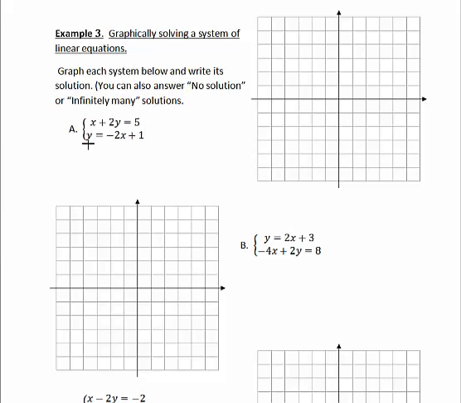this equation's already in the slope-intercept form, so this is my y-intercept, and -2 is my slope. So I plot y equal -1 on the y-axis, or I'm sorry, +1, right there.